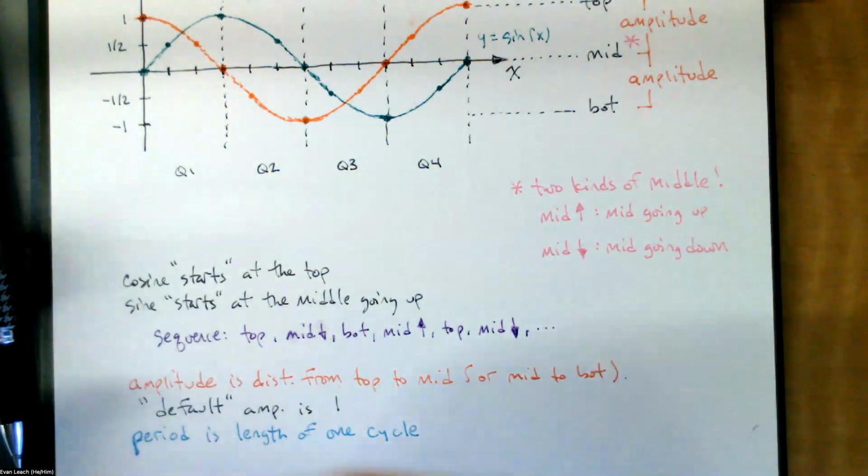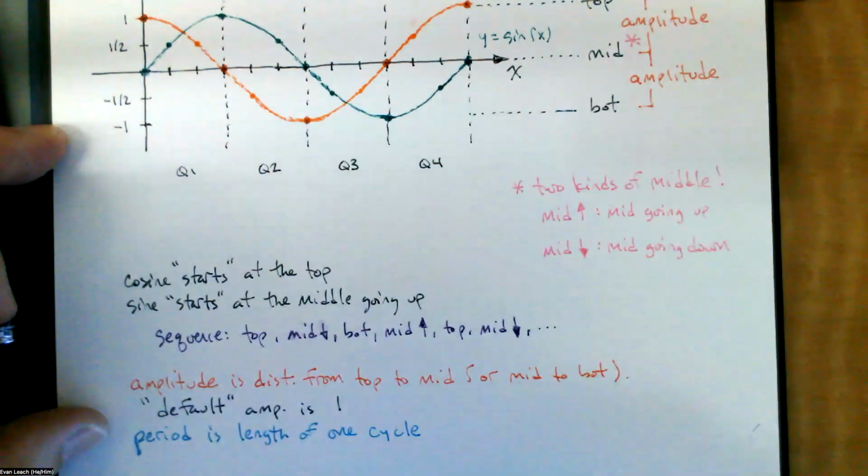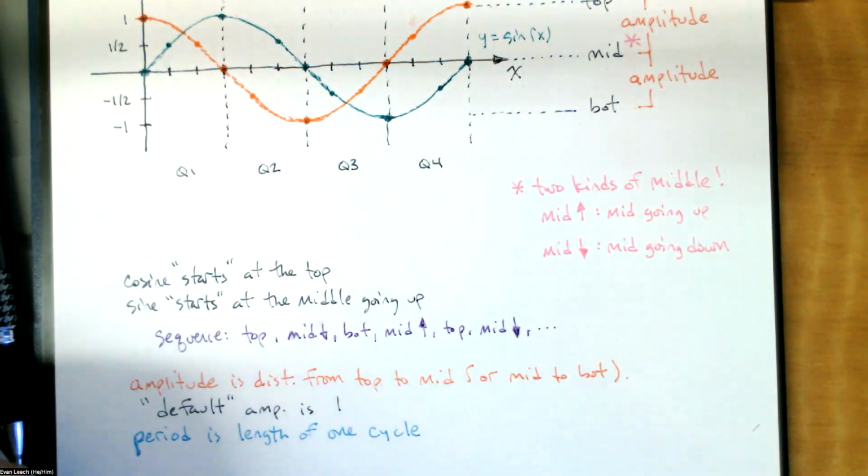The important thing to remember is that amplitude is a vertical size, period is a horizontal size.